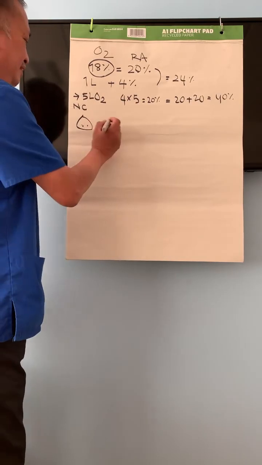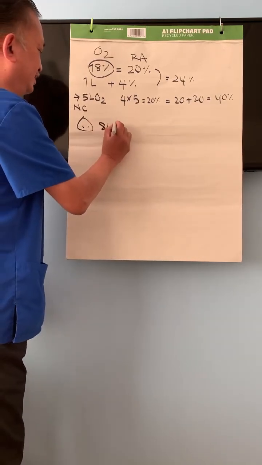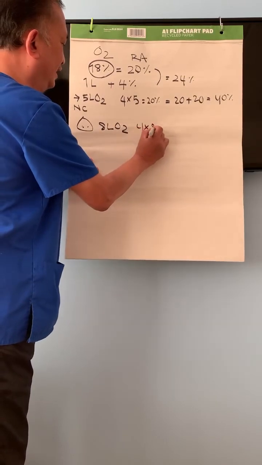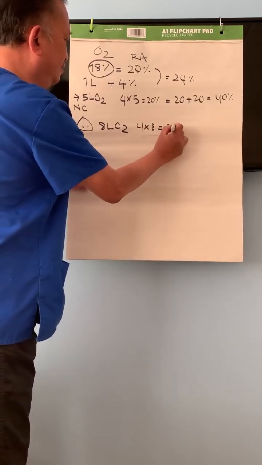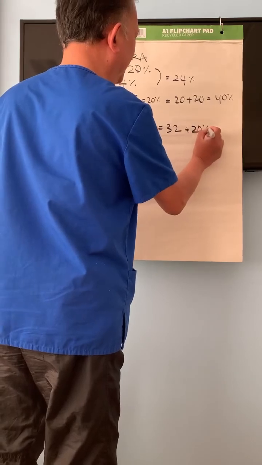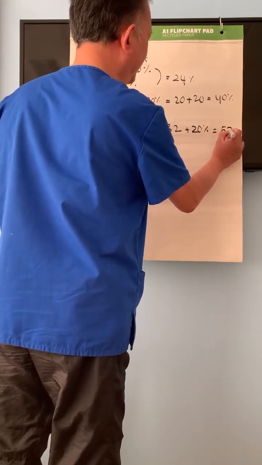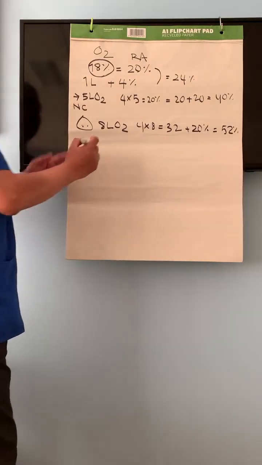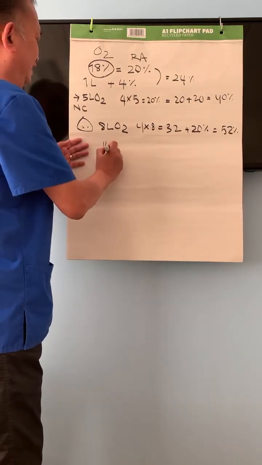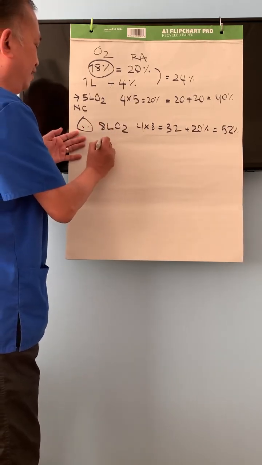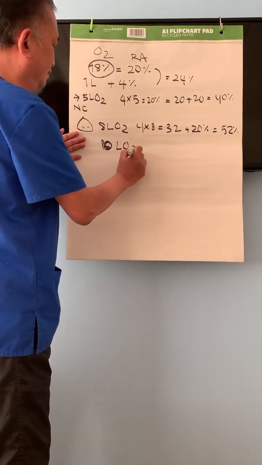For example, someone needing 8 liters of oxygen: 4 multiplied by 8 is 32, plus 20% from room air, so 52%. This mask can be given up to 10 liters of oxygen.